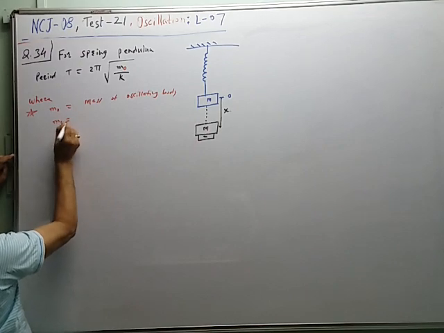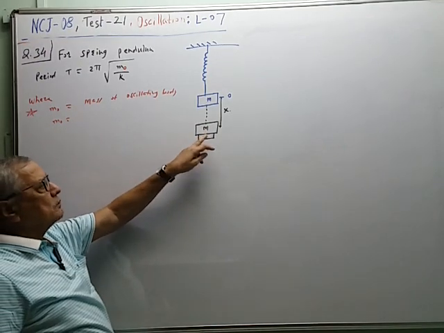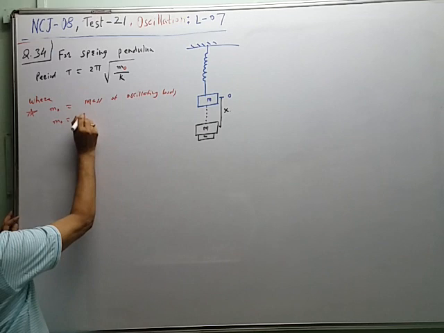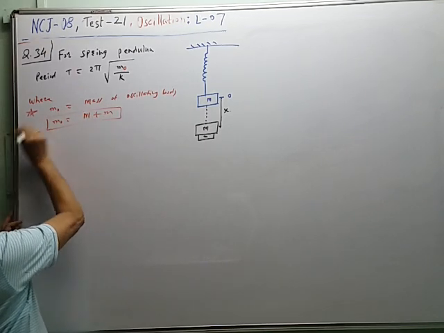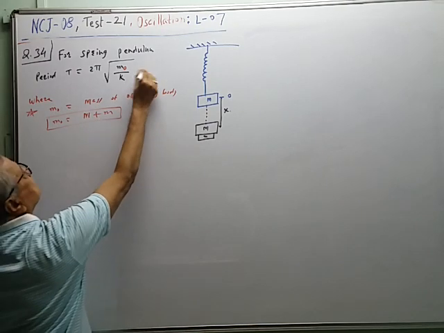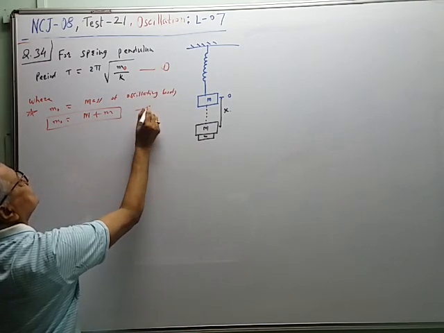And in our example, both the bodies M and m together, they are oscillating. So this part is important. So this is equation 1, this is equation 2.